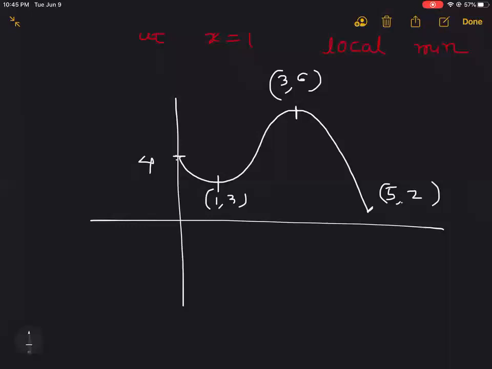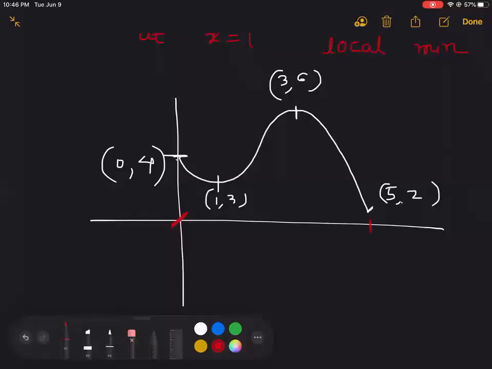Okay. Now, as you can see, for x, we have started from 0 and we have ended at 5. Let me write it for you. This point is 0, 4. So for the values of x, we can actually see that it has started from 0 right here, and ended at 5. So the interval is 0 to 5.